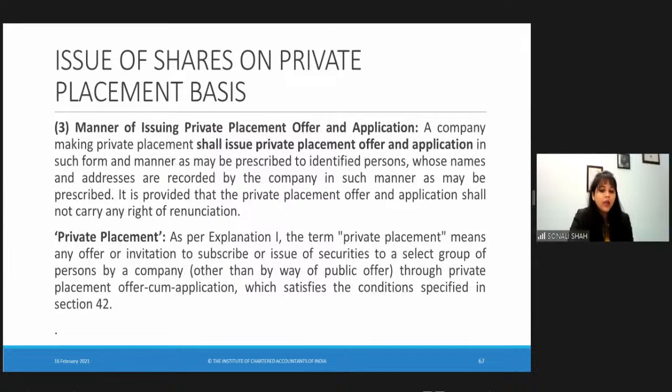Now, coming to the manner of issuing a private placement offer and application. How does a company issue an offer of private placement and application?